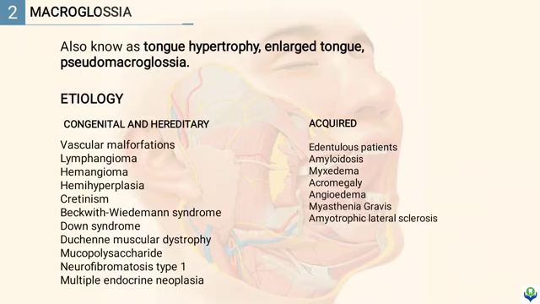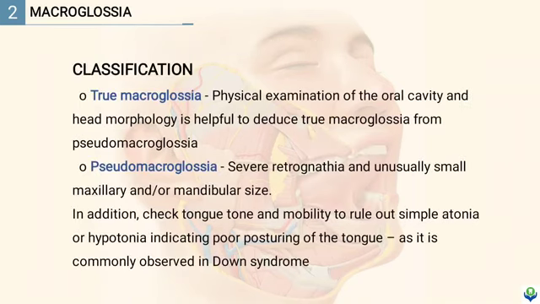The acquired causes for macroglossia are edentulous patients, amyloidosis, myxedema, acromegaly, angioedema, myasthenia gravis, amyotrophic lateral sclerosis. Macroglossia can be classified into true macroglossia and pseudomacroglossia.